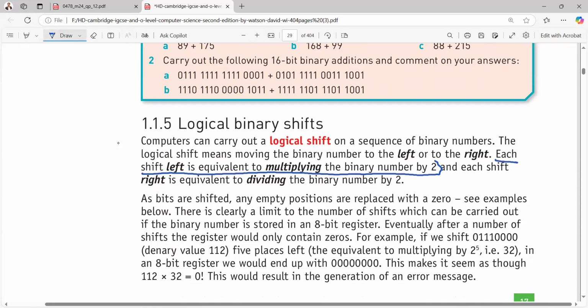So if it asks you that you are shifting left, you are going to write this, multiplying the binary number by 2. If it says it's moving right, then you are going to write that it is equal to dividing the binary number by 2. So it depends on the places. If it's 4 places, then 4 times, like this.